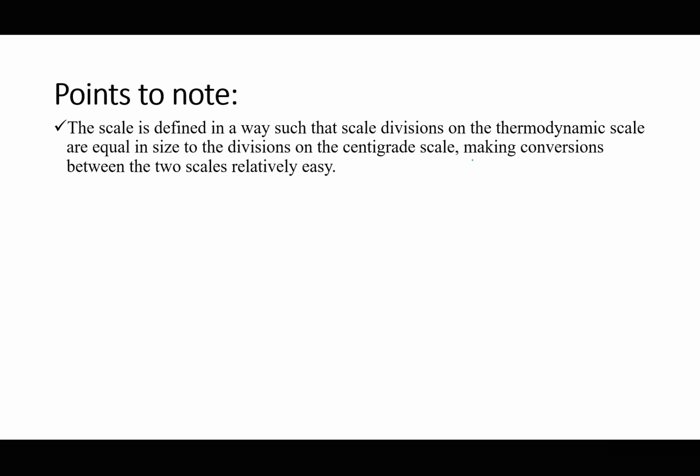Of course, the importance of this is that converting is going to be something very easy. If one division on a centigrade scale is equal in size to one division on the Kelvin scale, then converting from degrees Celsius to Kelvin, or from Kelvin to degrees Celsius, becomes very, very easy.